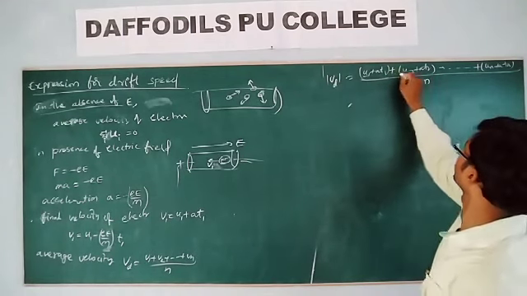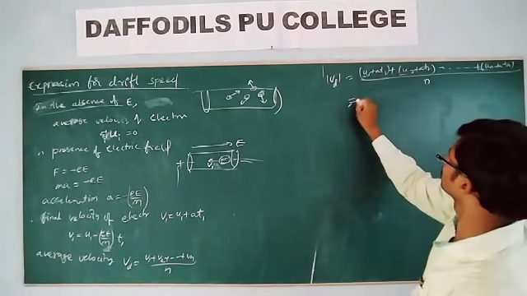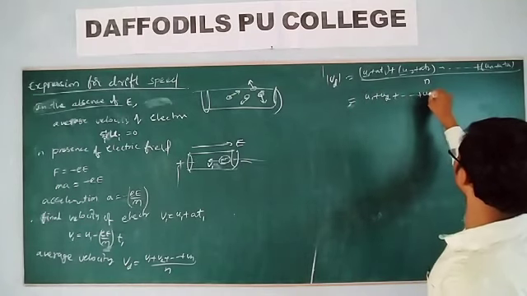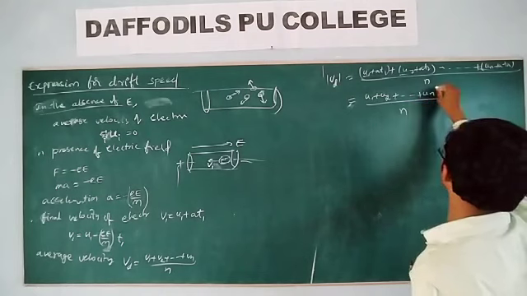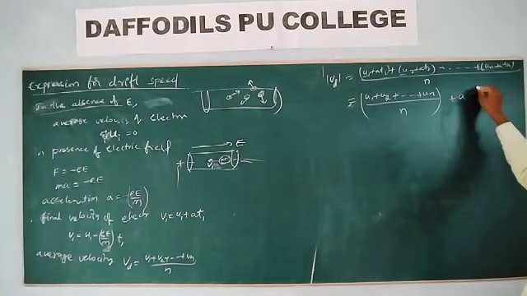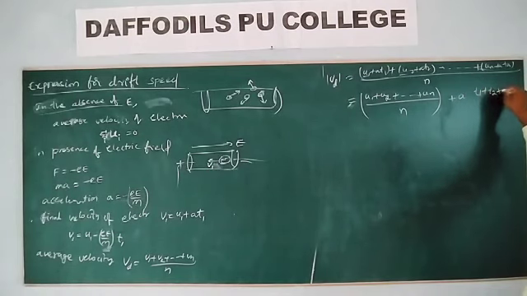Now you separate: u1 plus u2 plus and so on plus un by n, which is the average velocity, plus a into t1 plus t2 plus and so on plus tn by n.